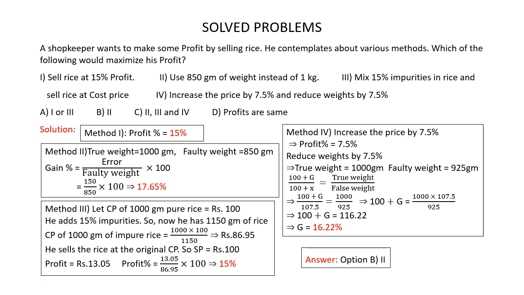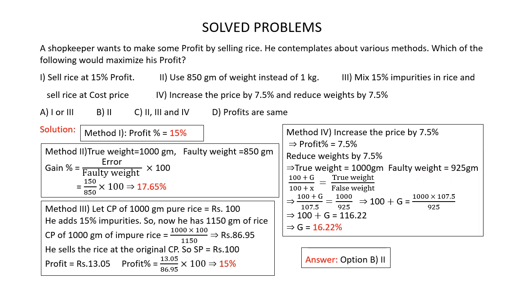Now if we assume that the true weight is 1000 grams, then the reduction in weight by 7.5% means there is a reduction of 75 grams from the true weight. So if true weight is 1000 grams, then faulty weight will be 925 grams.